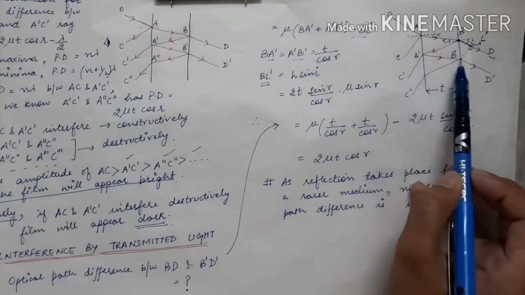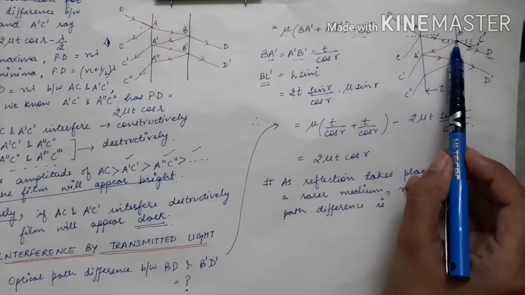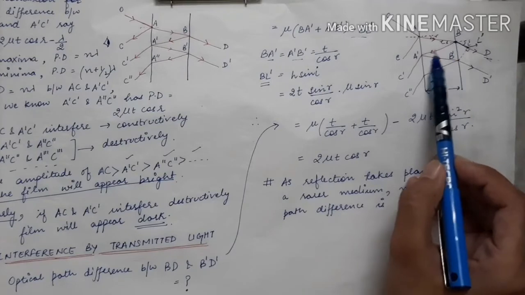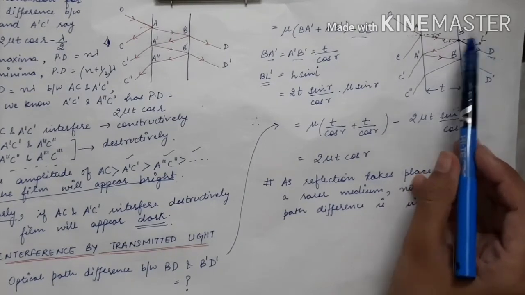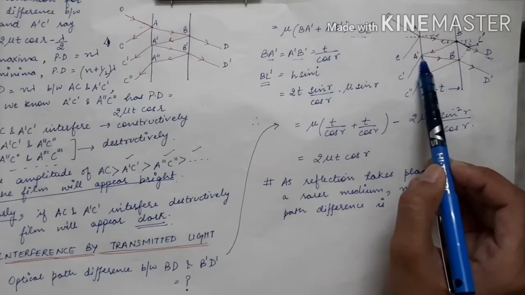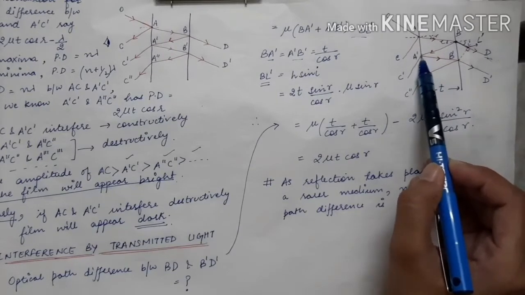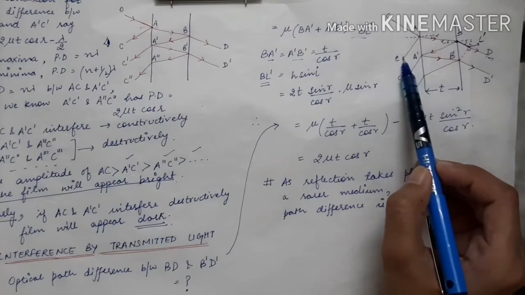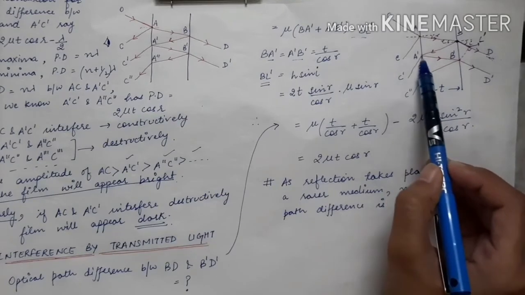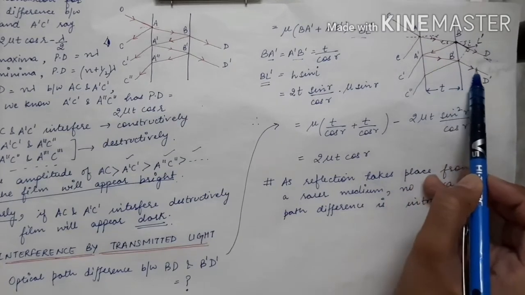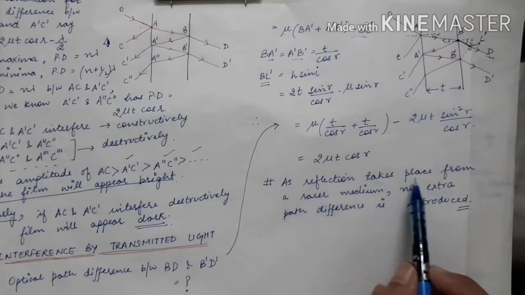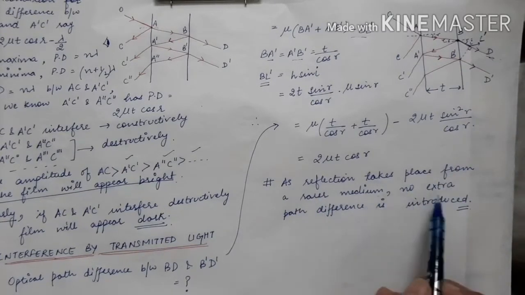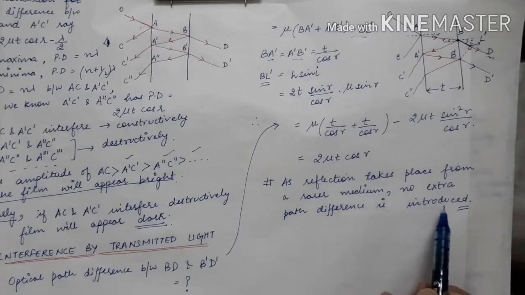You can see the ray B prime D prime is getting reflected from point B, and this is getting reflected from a rarer medium. And similarly at point A prime, this ray is getting reflected from the air medium, which is a rarer medium, and after that it travels in the air. So as the reflection takes place from a rarer medium, no extra path difference is introduced.